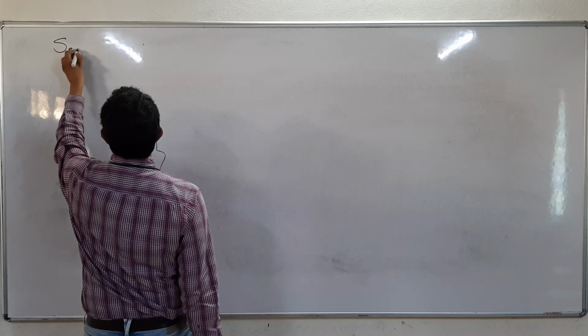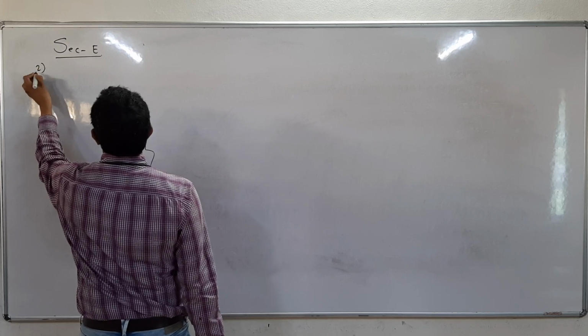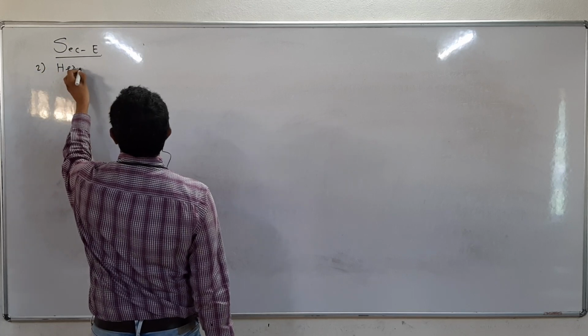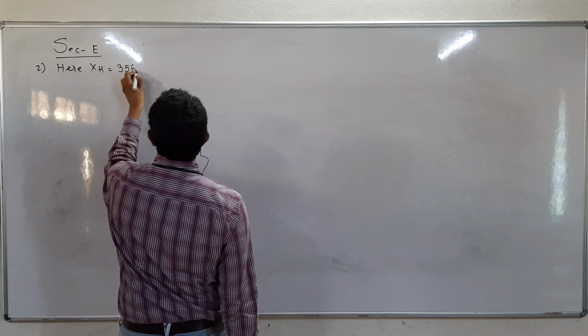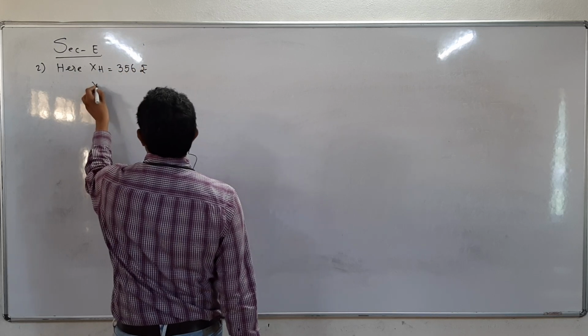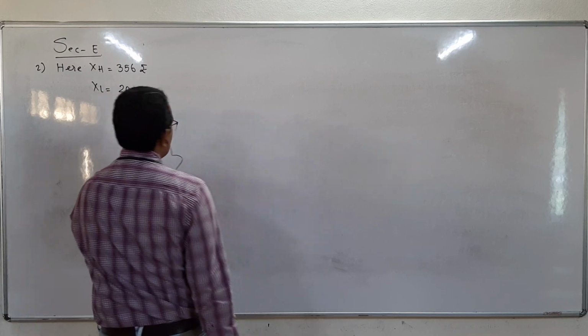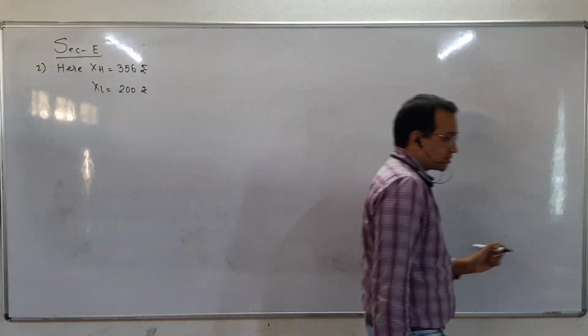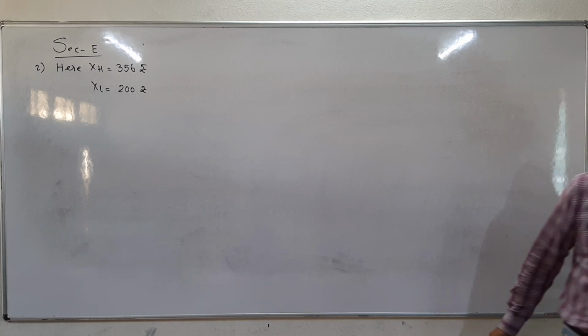Section E, sum number 2, we write here XH is 356 rupees and XL is 200 rupees. And one of the classes is 220 to 239.